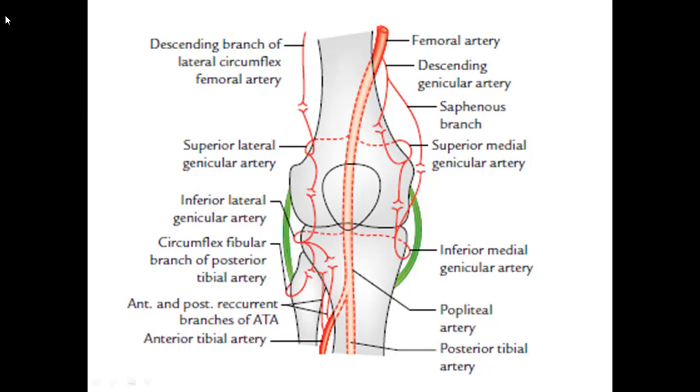Now, if we see here, the superior medial genicular artery, this one, is a branch of the popliteal artery. It is dotted. Why? Because it lies posteriorly.